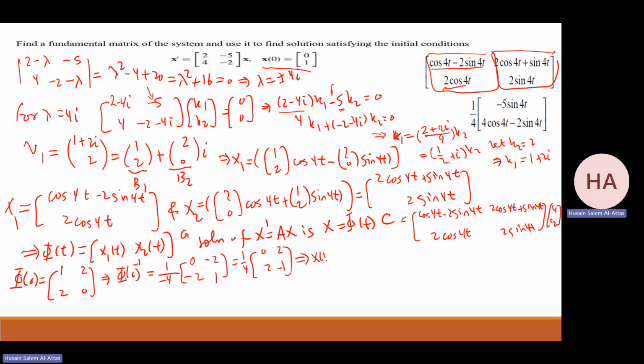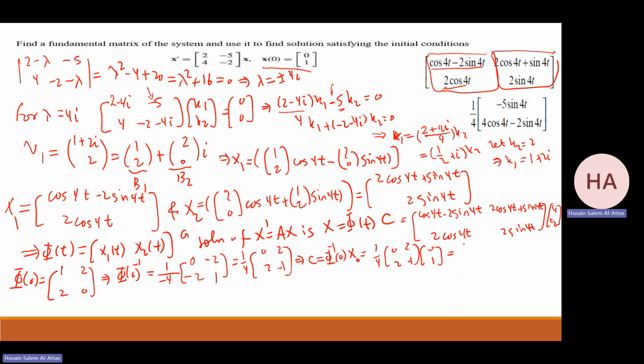What will be my x of t? It will be Phi of t times, no, sorry, before that I need c, which is Phi inverse at 0 times x0. That will be 1 over 4 times (0, 2, 2, minus 1) times (0, 1).